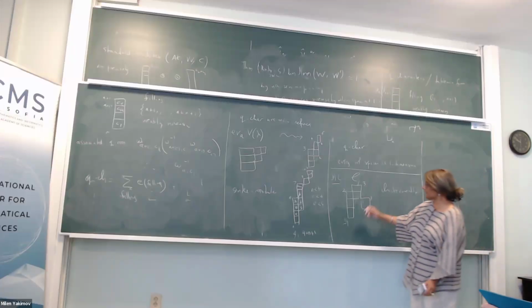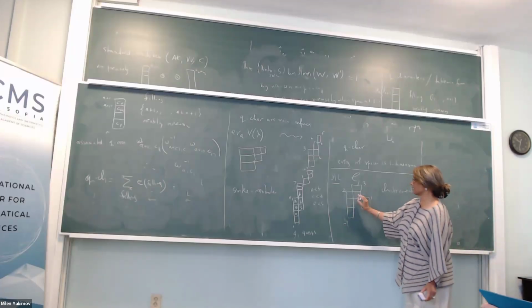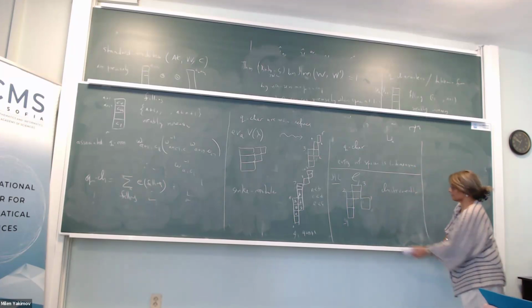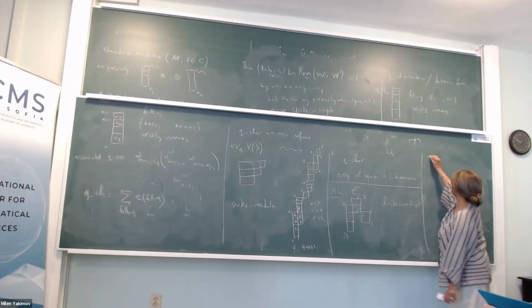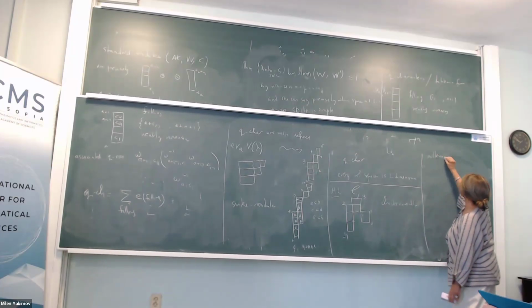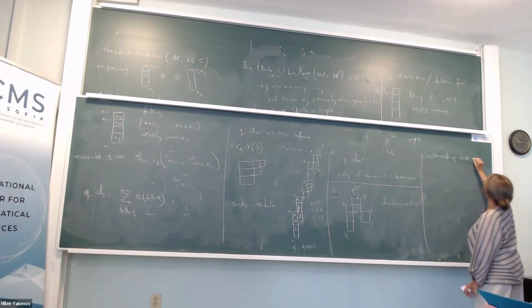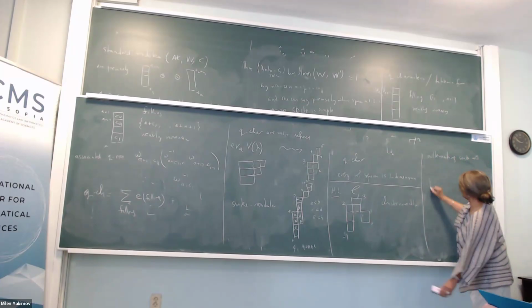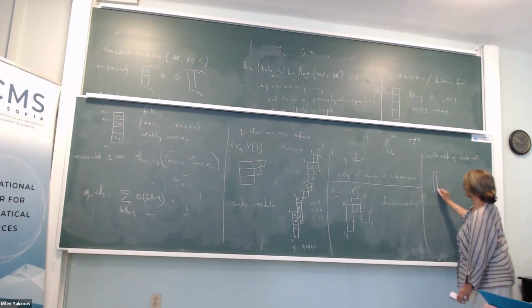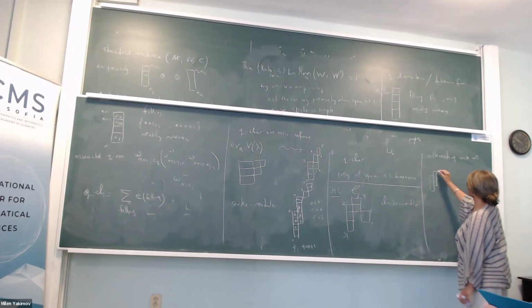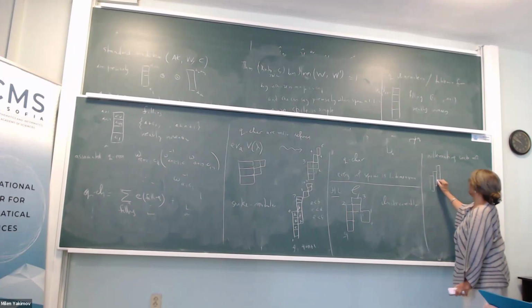So what this is in some ways is a sort of concatenation of snake modules in different orders. This is an example of what we call an alternating snake module. So you take a collection, let's do this small example.